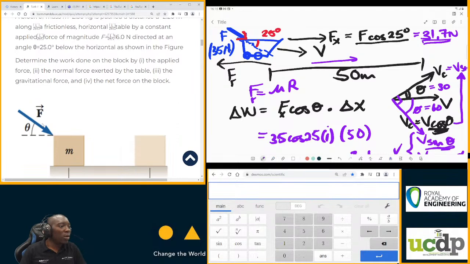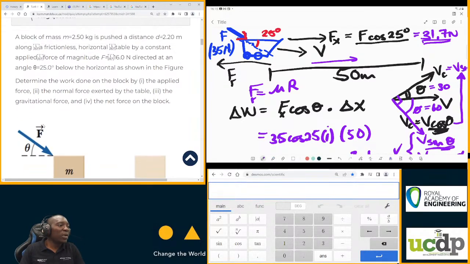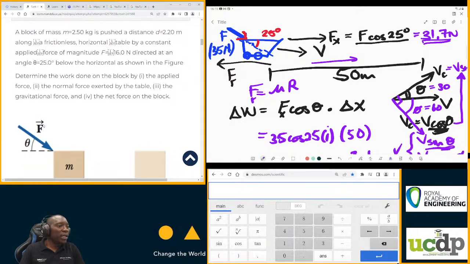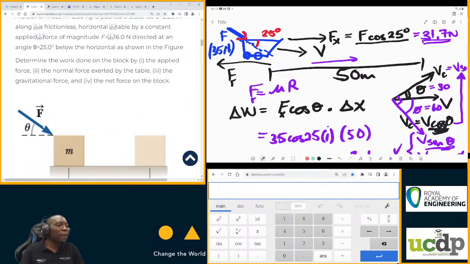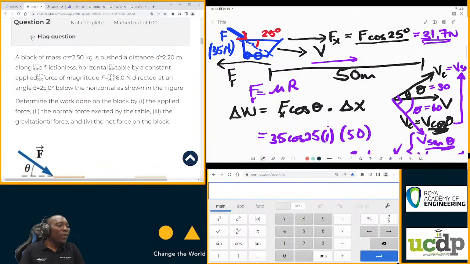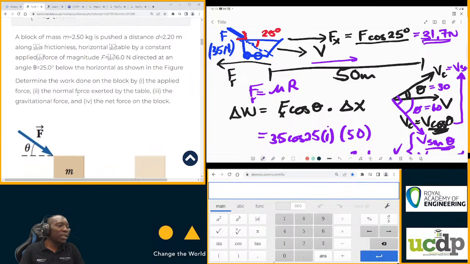So there is a block, with a force applied at an angle theta, like in the previous instance, directed at an angle of 25 degrees below the horizontal as shown in the figure.